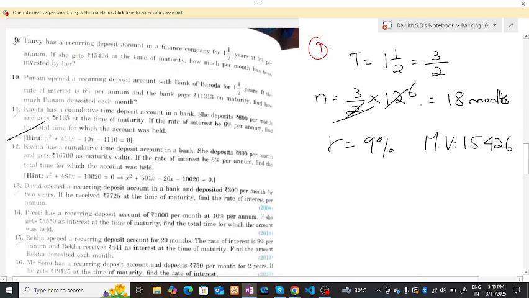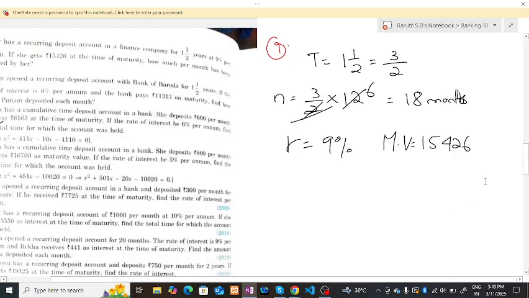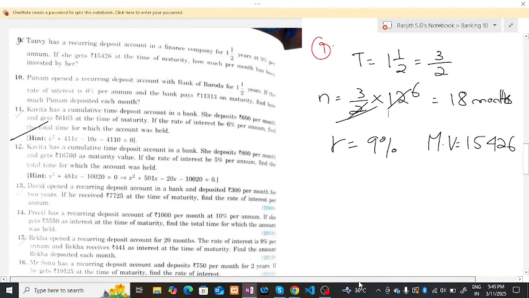So we have N is 18, rate is given, MV is given. What about interest? Is interest being mentioned there? All of you read the question. Interest, principal. Where is interest given? 9%, sir.